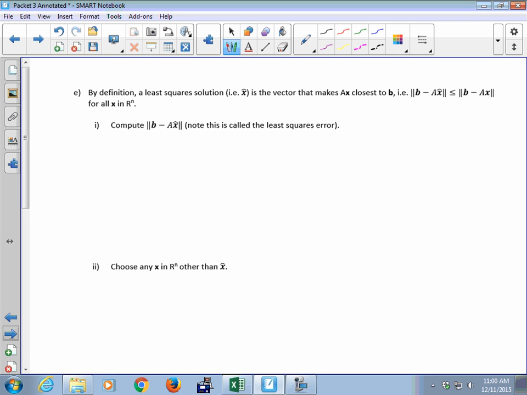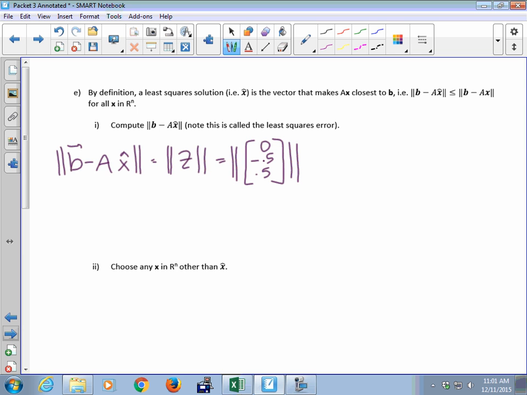That is the length of z, which is the length of (0, -0.5, 0.5), which comes out to the square root of 0 squared plus (-0.5) squared plus 0.5 squared, which is 1 over root 2.